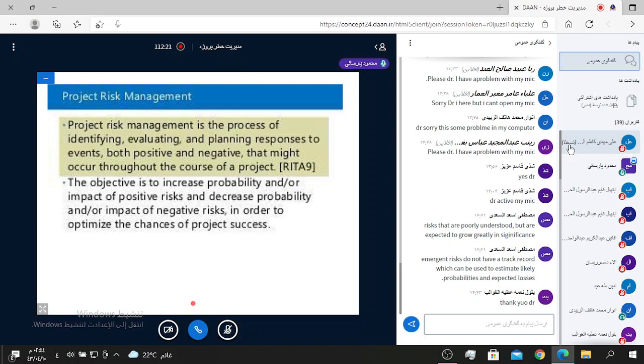This is the final or overall objective of risk management.